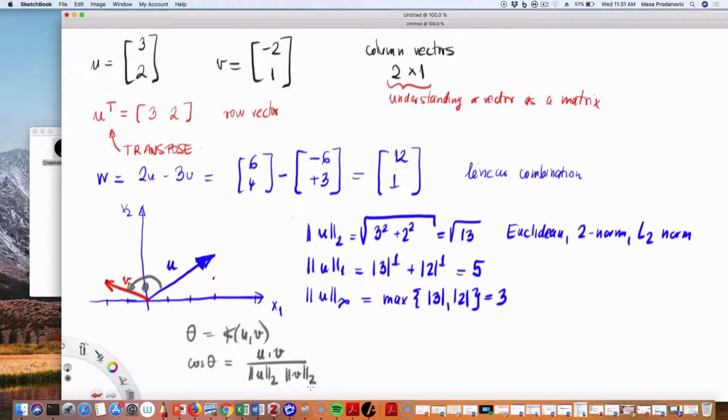So it's kind of a normalized scalar product, where the scalar product u dot v, in this case, since I have 2 dimensions, is simply the first dimension times first dimension for both vectors plus u2 v2.